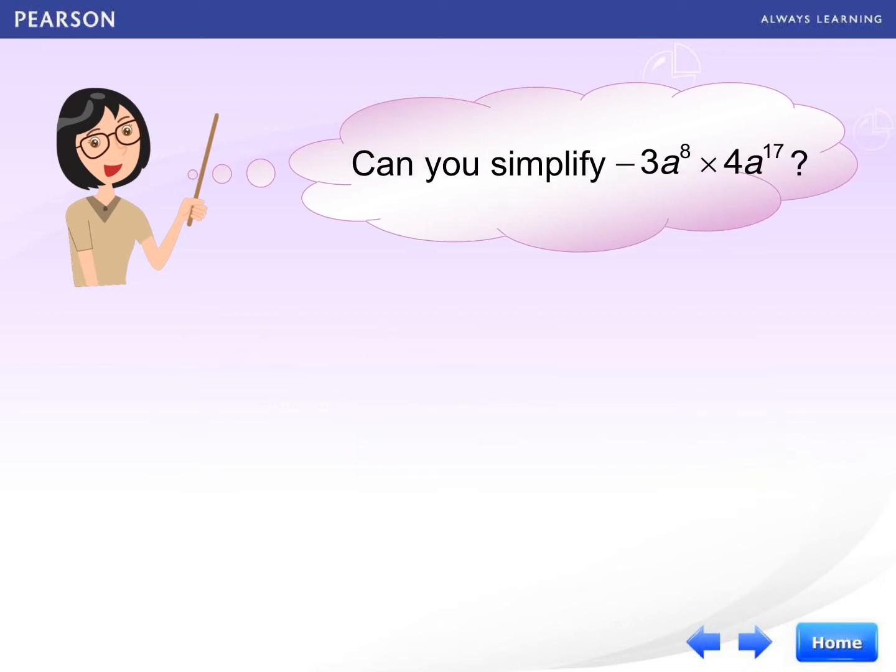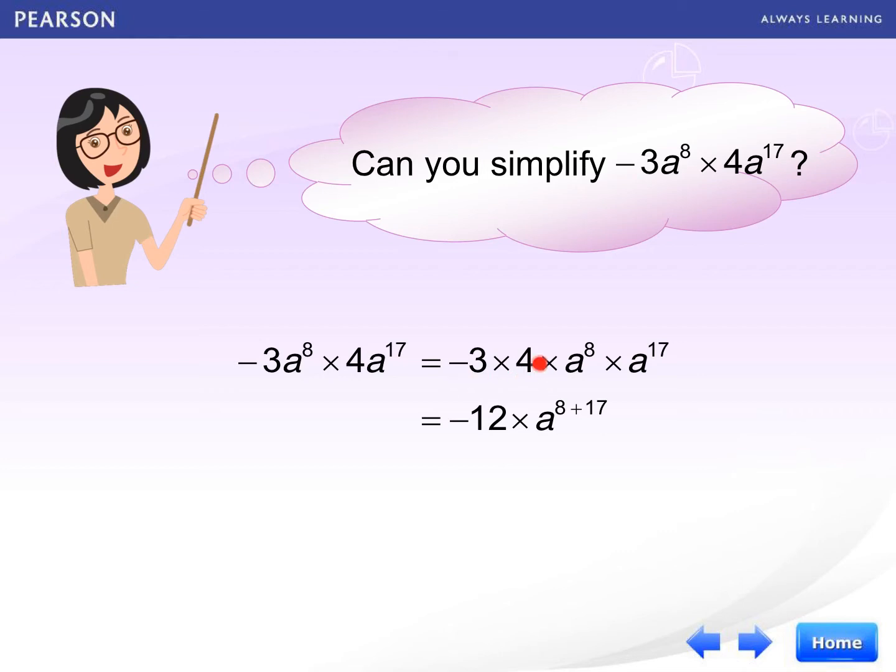That one is easy. How about this? So this is negative 3a to the power 8 times 4a to the power 17. It is actually negative 3 times 4 times a to the power 8 times a to the power 17.